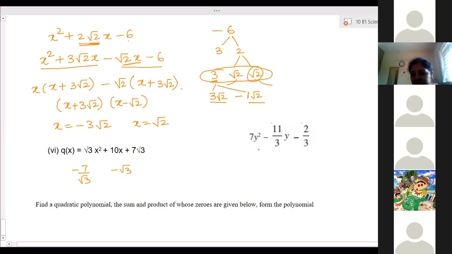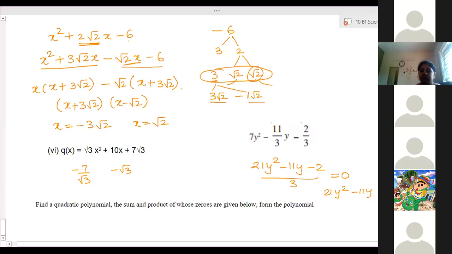So the LCM will be (21y square minus 11y minus 2) by 3, equate it to 0. To find the zeros, we have to equate this polynomial to 0. So you will get 21y square minus 11y minus 2 is equal to 0. Right? And now factorize it.